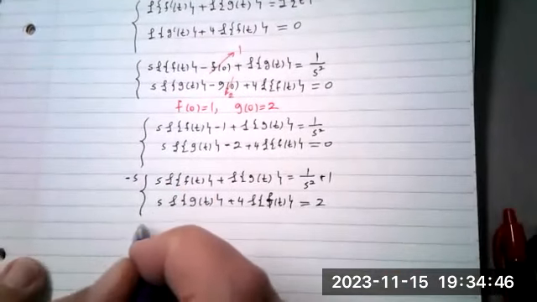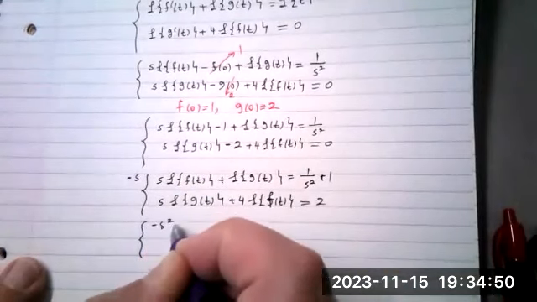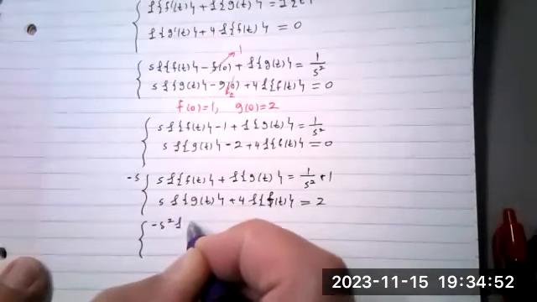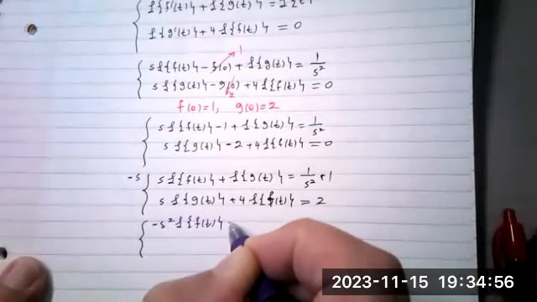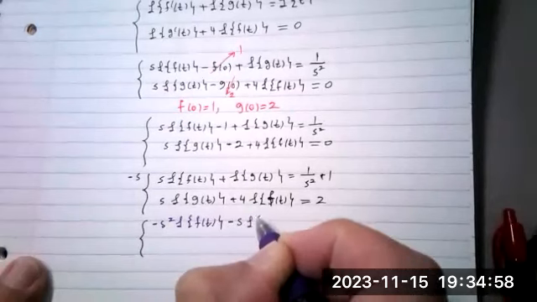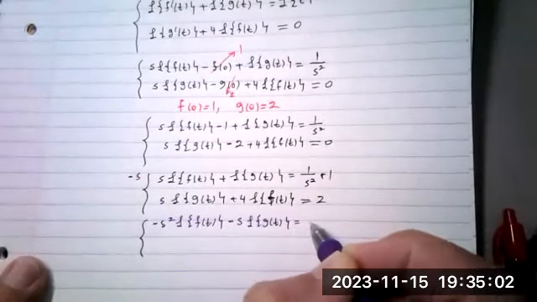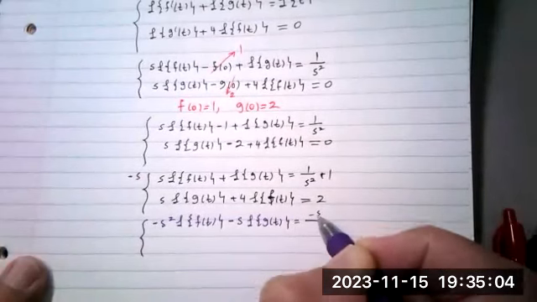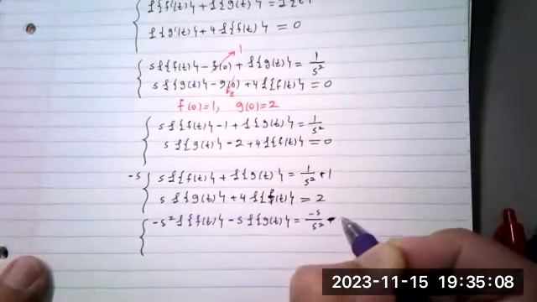So multiply the first one by -s: -s squared Laplace of f of t, minus s Laplace of g of t, is equal to -s over s squared, and the minus s.